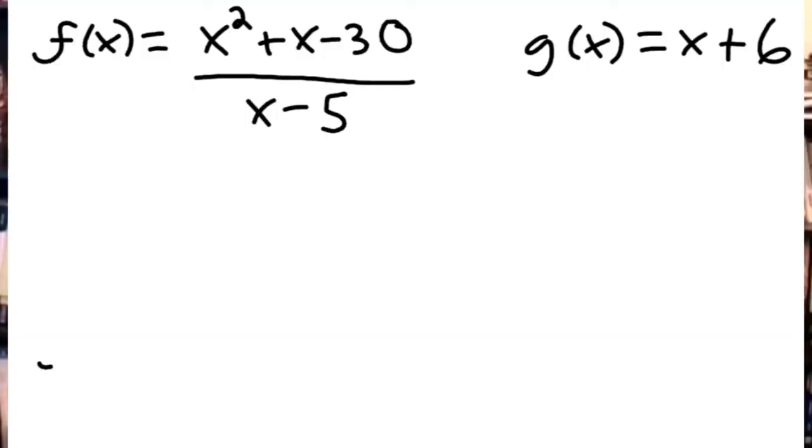And the best way to understand this is from a graph. It's very easy to see when you look at the graph. So let me kind of give you the graph of both these functions to make this a little more clear.